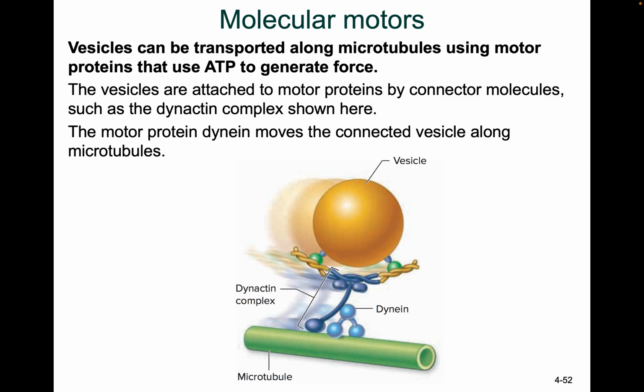I was saying that these microtubules are literally bridges. Because, as we saw in the endomembrane system, you have a lot of cargo going from the nucleus to your ER, from your ER to your Golgi apparatus, and from your Golgi apparatus to the plasma membrane.